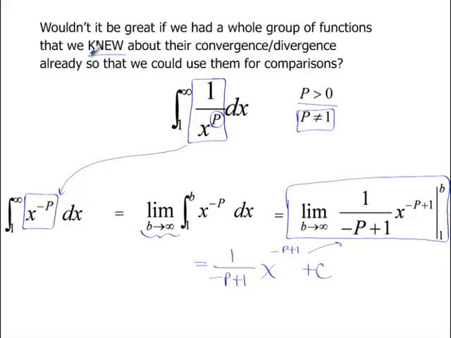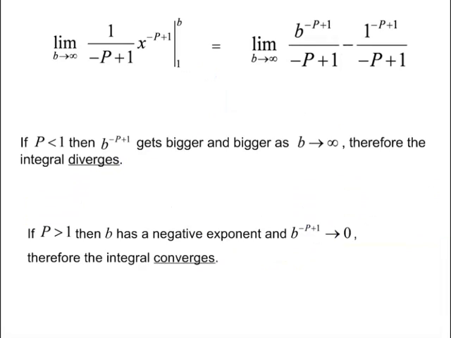That's where that comes from. So when we actually evaluate and do the fundamental theorem, upper limit minus lower limit, we can determine some things about this type of function. The first thing we can determine is that the second term, the lower limit, will just result in a real number value.